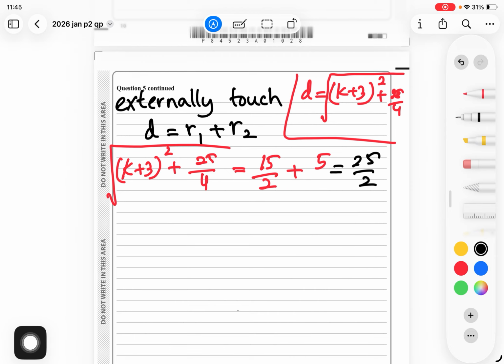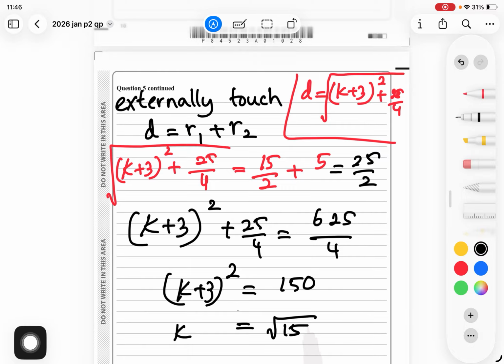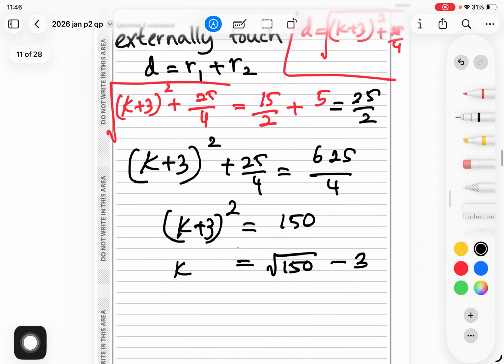So I have this simplification: k plus 3 squared, so I'm going to square the whole expression, plus 25 divided by 4 equals 625 divided by 4. So k plus 3 squared will be 150. So our k would be root of 150 minus 3. Root of 150 is going to be 5 root 6, minus 3. So this is our k.